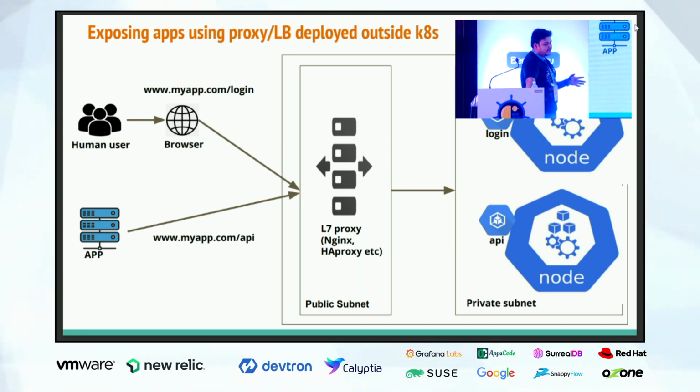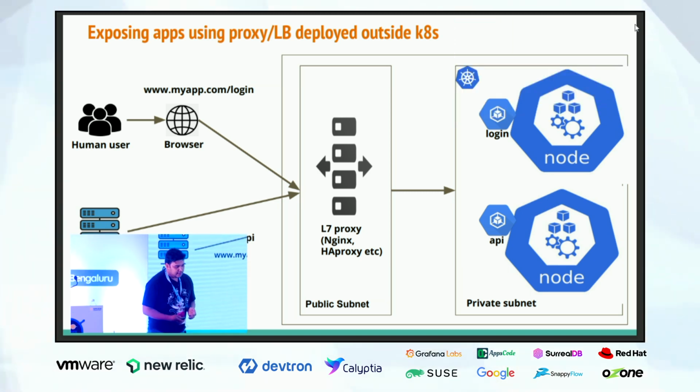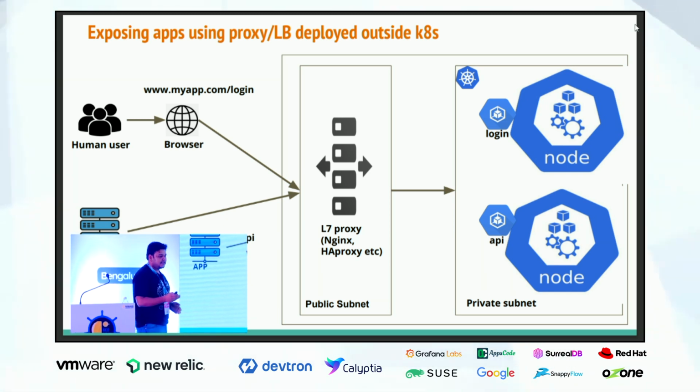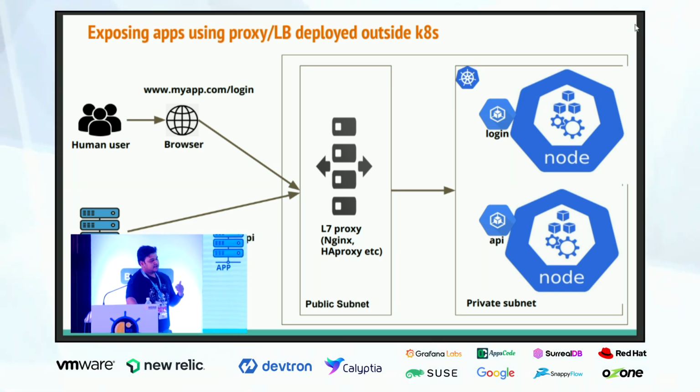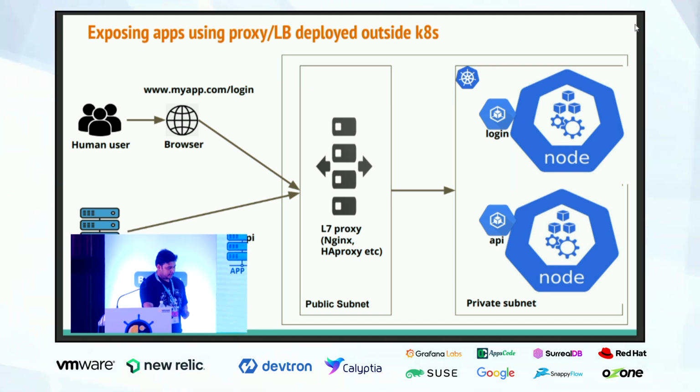So we can deploy this L7 proxy on a public network, expose our application on node port, and allow the L7 proxy to access our application using the internal IP of our nodes, right? So with this, we don't need to manage a ton of load balancers. This approach is slightly more scalable. Even if it scales up, we can just keep configuring our L7 proxy to forward traffic to the newer apps that we deploy, right?